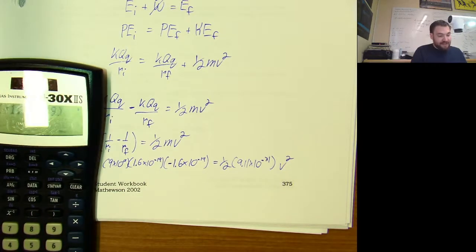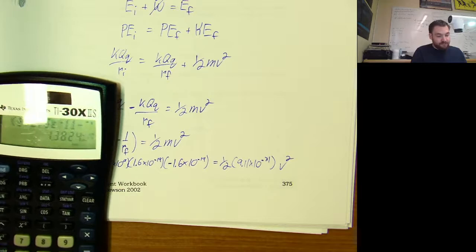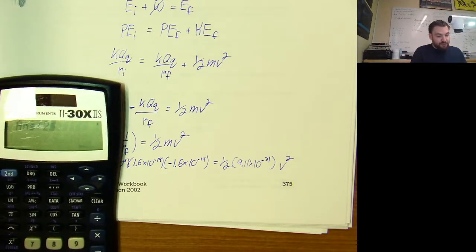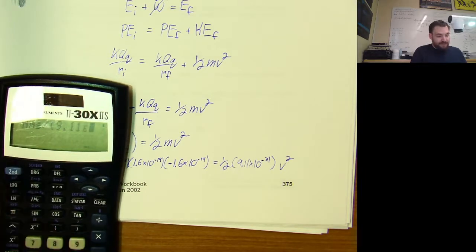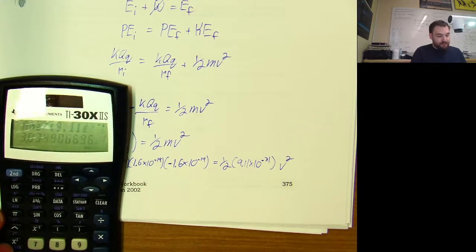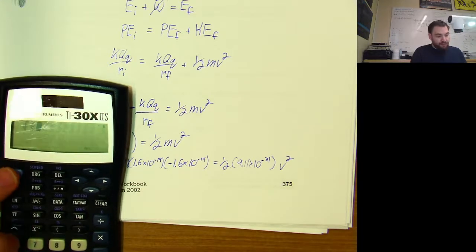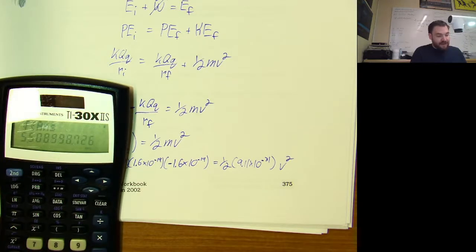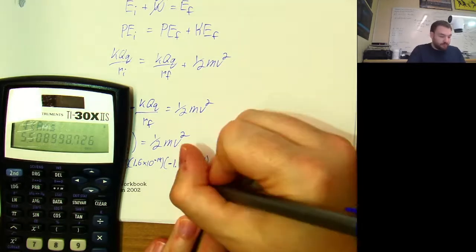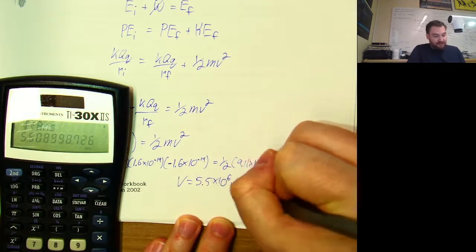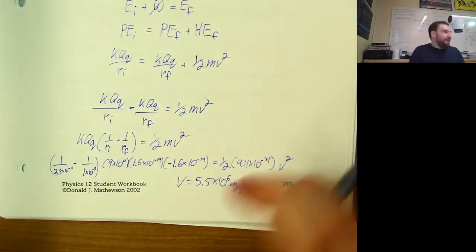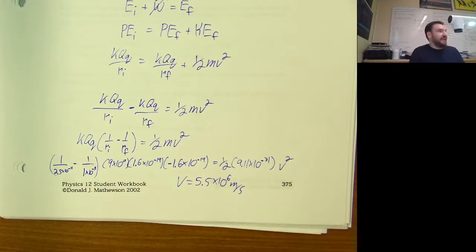That's the entire left-hand side. Times 2, divided by 9.11 times 10 to the negative 31. I got real big real quick. Square root that number. I got 5,508,998 meters per second. Kind of quick. 5.5 times 10 to the 6 meters per second. And if we look at the speed of light, it's 3 times 10 to the 8.